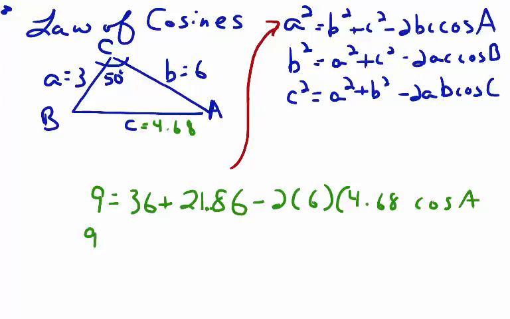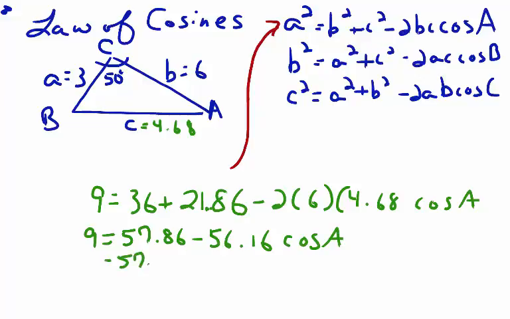So we have 9 equals 57.86 minus 56.16 cosine A.